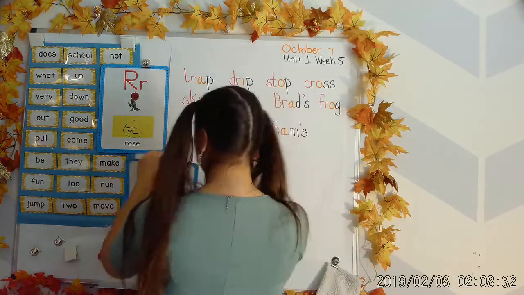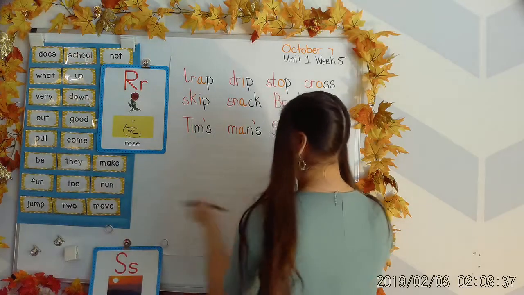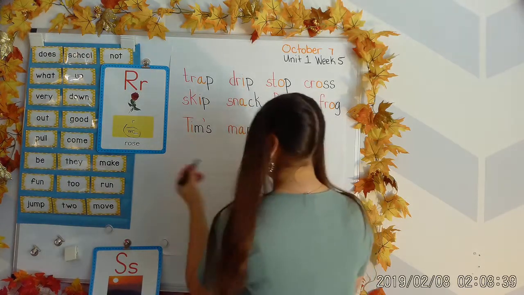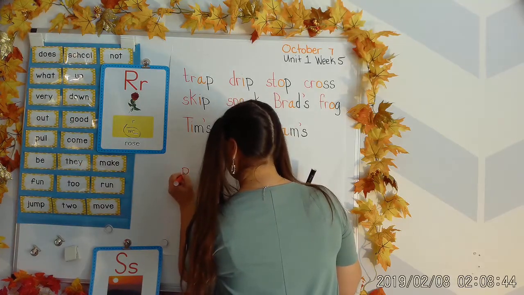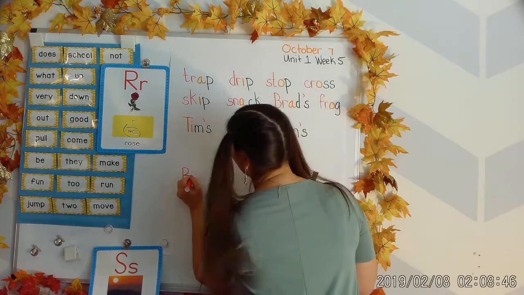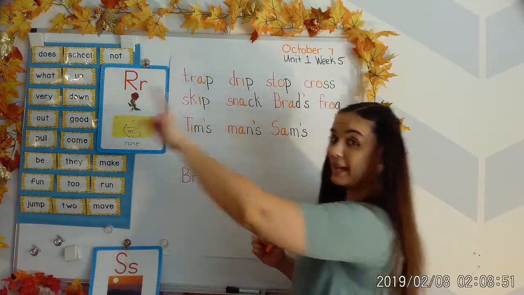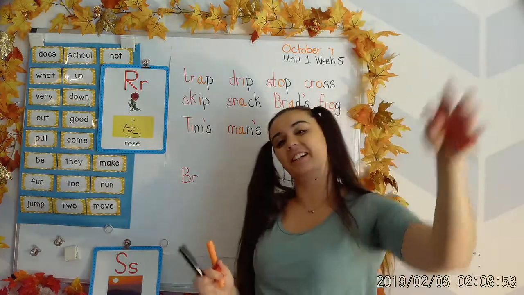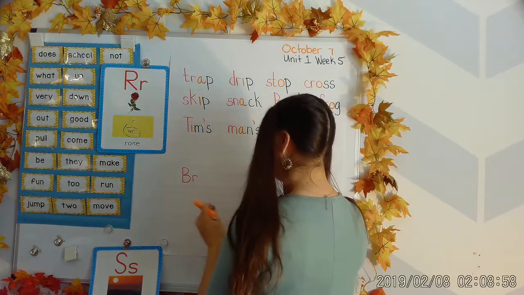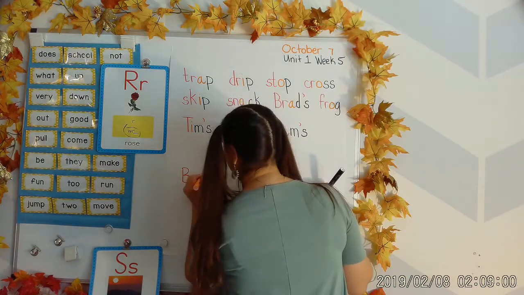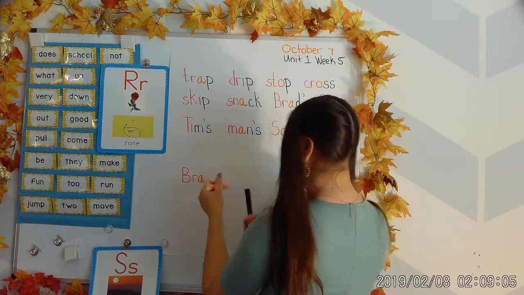And we're going to actually use a couple of words from here. So, BR says what? Br, because B says b, and R says r, we can put them together to make br. And our elbow sound, that A that says a, Brad.